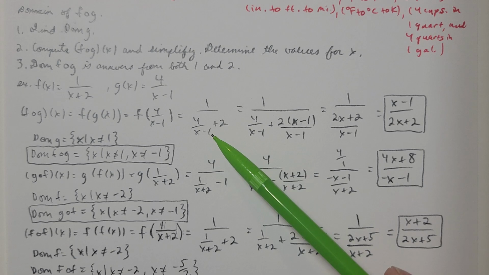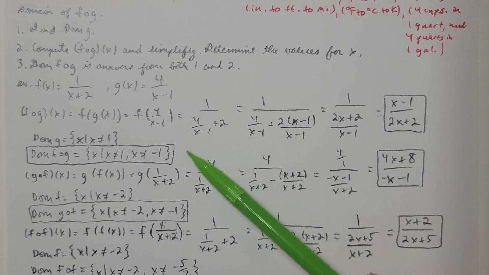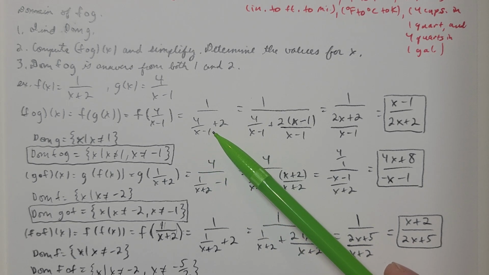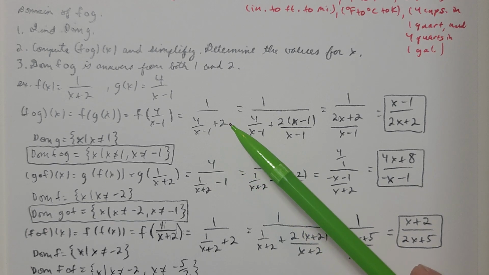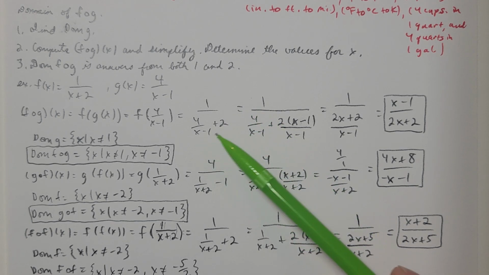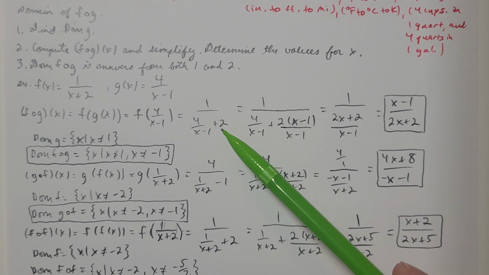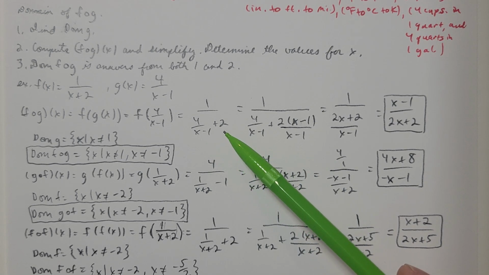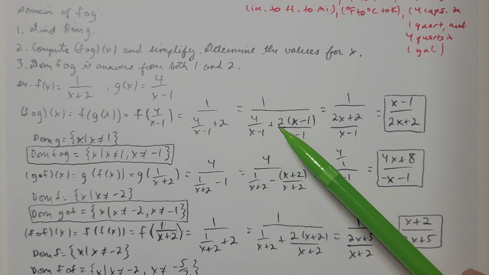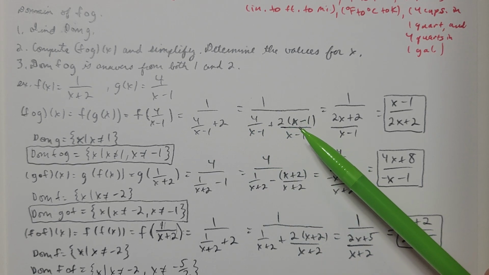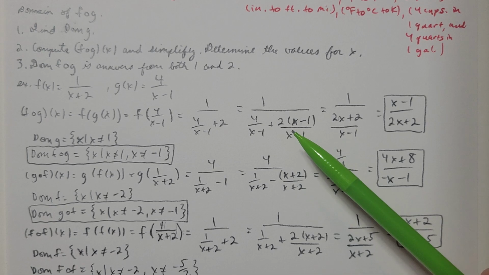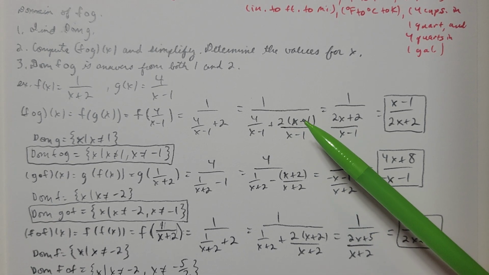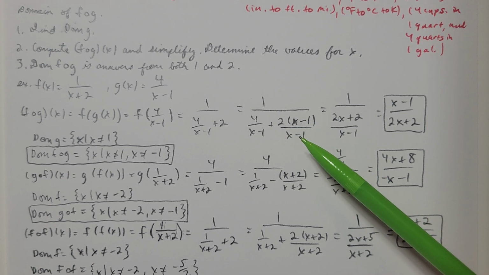Now, if I want to do anything with domain, which I do here, I'll need to simplify this. Now I'm going to get my common denominator of x minus 1. So with the 2, let me multiply the top and bottom by x minus 1. So I got 2 times x minus 1 divided by x minus 1.